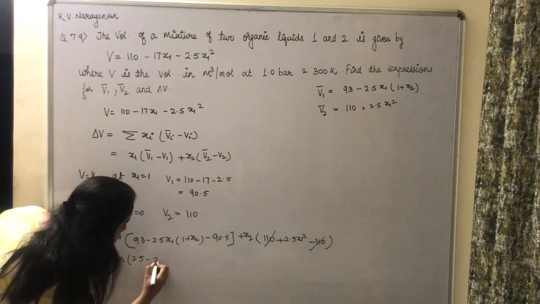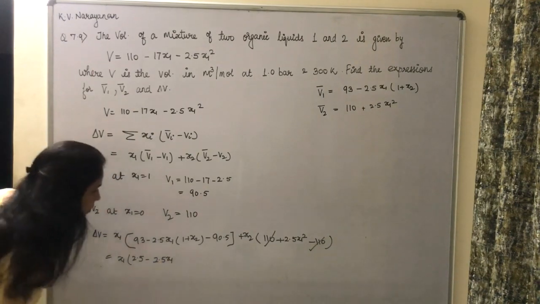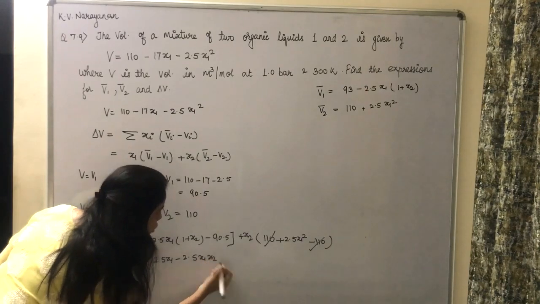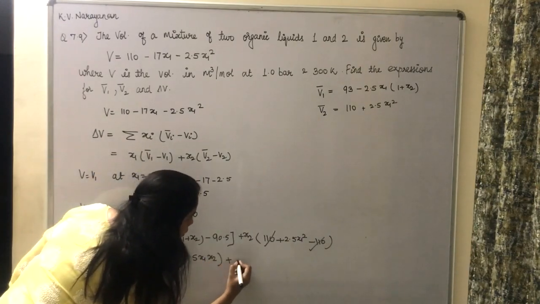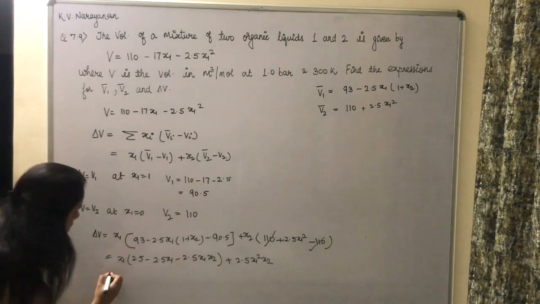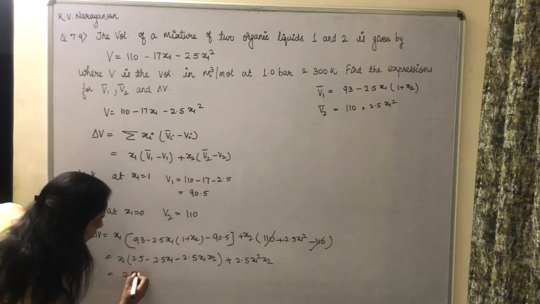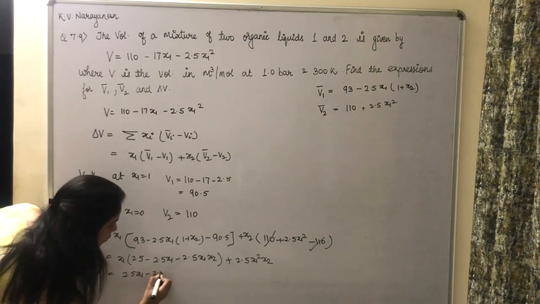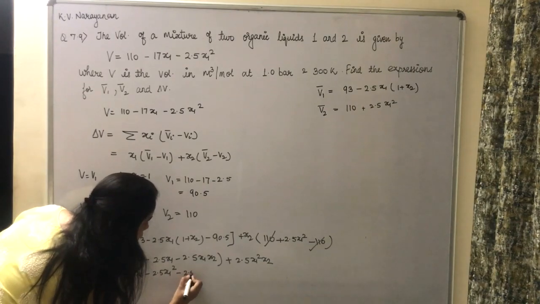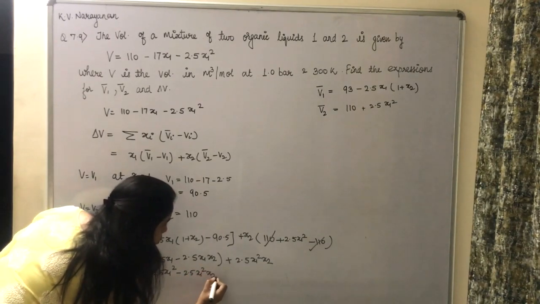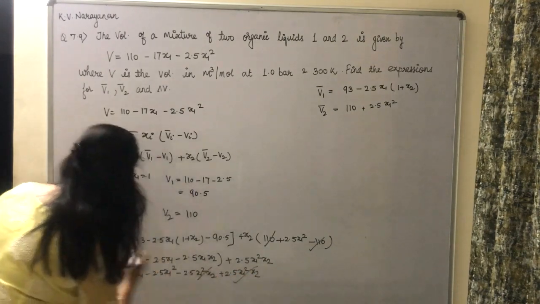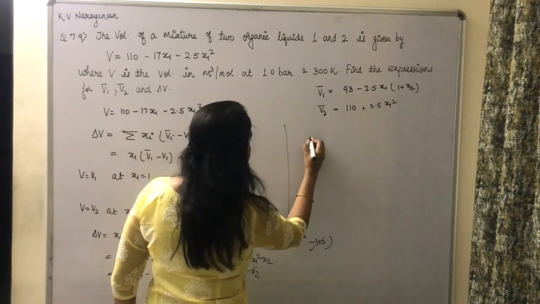Just open the bracket: 2.5 x1 - 2.5 x1² x2 ... multiplying out, 2.5 x1 - 2.5 x1² - 2.5 x1² x2 + 2.5 x1² x2. The last two cancel.